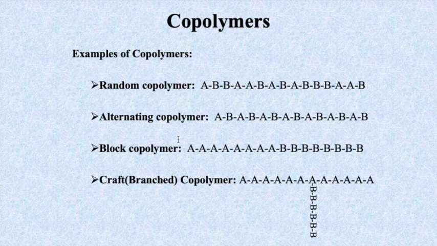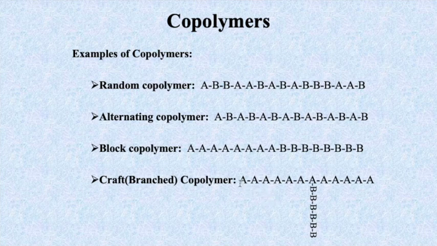If the arrangement is alternating, the name will be alternating copolymer. If you have the arrangement with a stretch of one type joined to a stretch of another in a block version, that would be called a block copolymer. You can also have a graft or branched copolymer, which can be done in different ways.